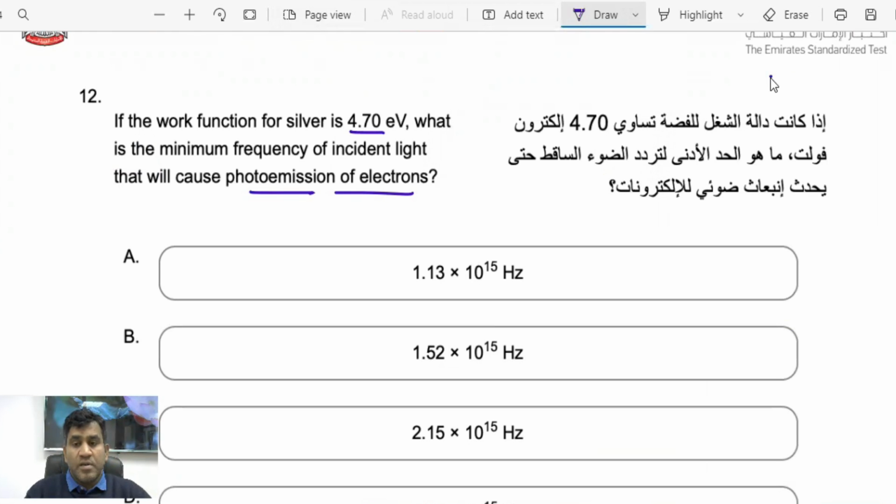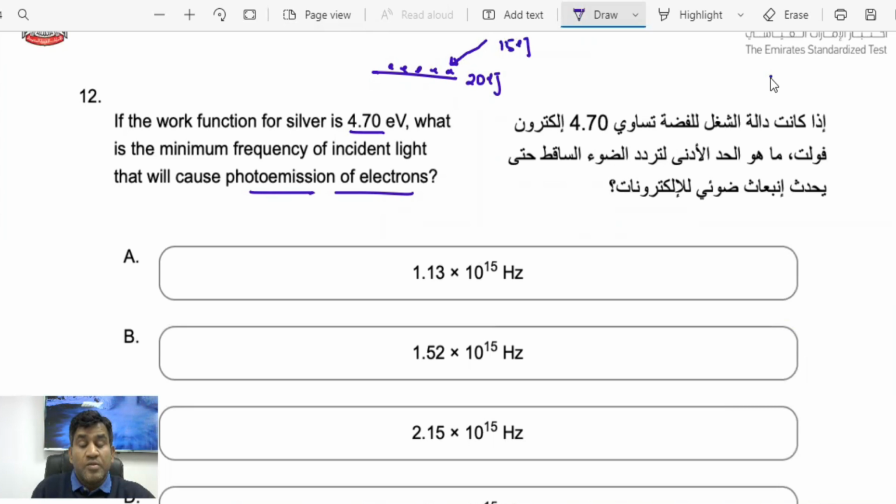Now, what is the work function? Work function is basically the minimum amount of energy an incident light must have to eject an electron from the metal surface. Let's say this is the metal surface with certain electrons, and light energy is falling on it. If this light has a certain amount of energy, only then are the electrons ejected. For example, removing an electron requires, let's say, 20 electron joules, and the light falling has, let's say, 15 electron joules.